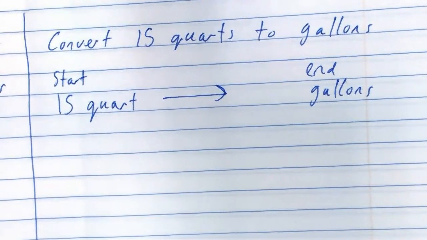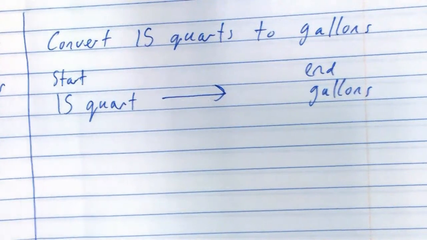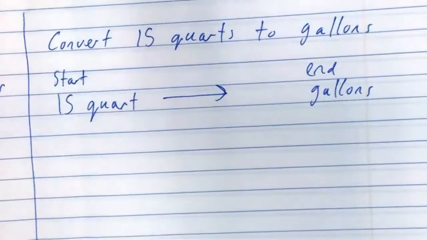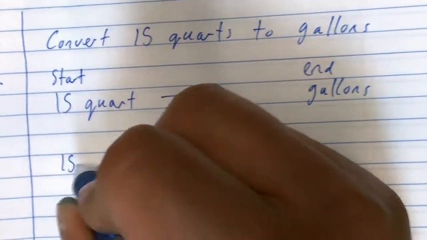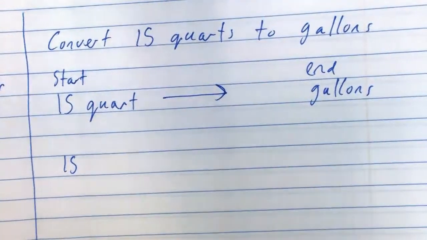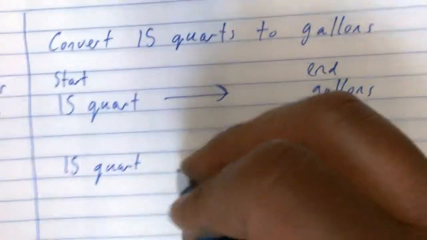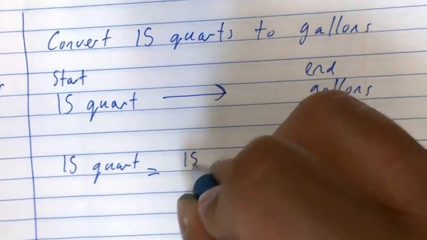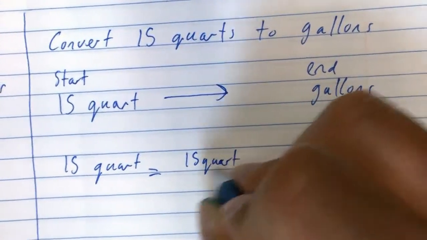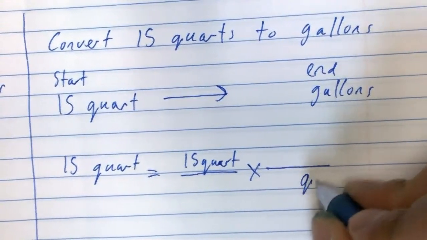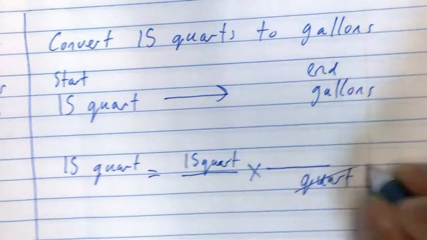Now, according to the chart, 1 gallon is 4 quarts. Okay, now let me show you in case you're like, what? Trust but verify. Let me show you the proof. 1 gallon is 4 quarts. So let me do this traditional way, and then I'll show you my way of doing things, and then hopefully you can make up your own way. 15 quarts is the same as 15 quarts times, now we got to put quart at the bottom so that the units cancel out.